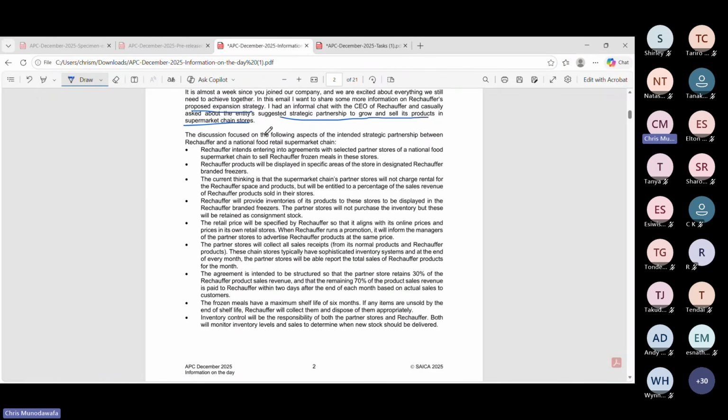The discussion focuses on the following aspects of the intended strategic partnership between Richalfa and the national food retail supermarket chain. The first one intends entering into an agreement with selected partner stores of a national food chain to sell frozen meals in these stores. So we want to sell frozen meals in their stores.